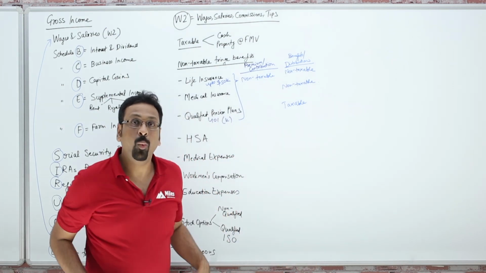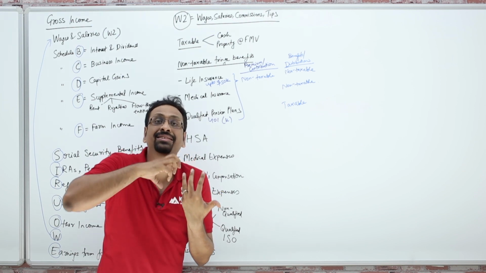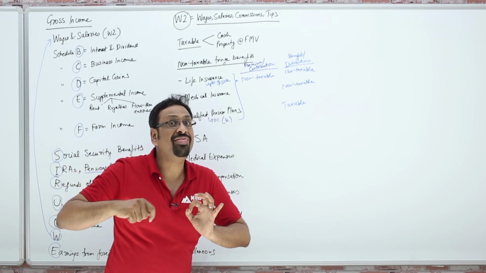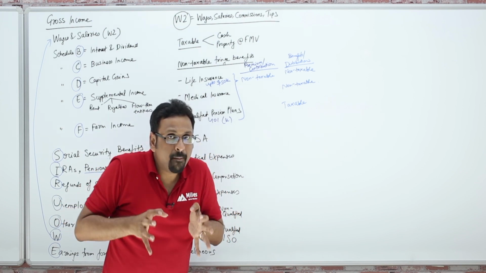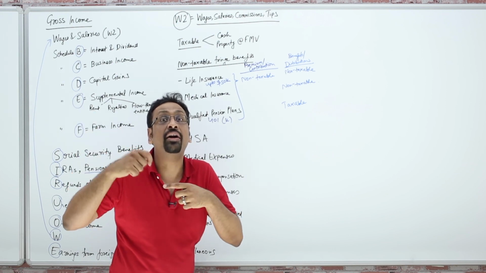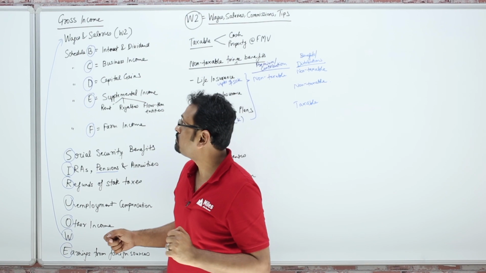Now when you're getting your salary, you're getting your income, you are putting aside some money for your health savings account. In that case, the amount that you put together for your health savings account is going to be a deduction to AGI. And let's look at that on a dashboard.